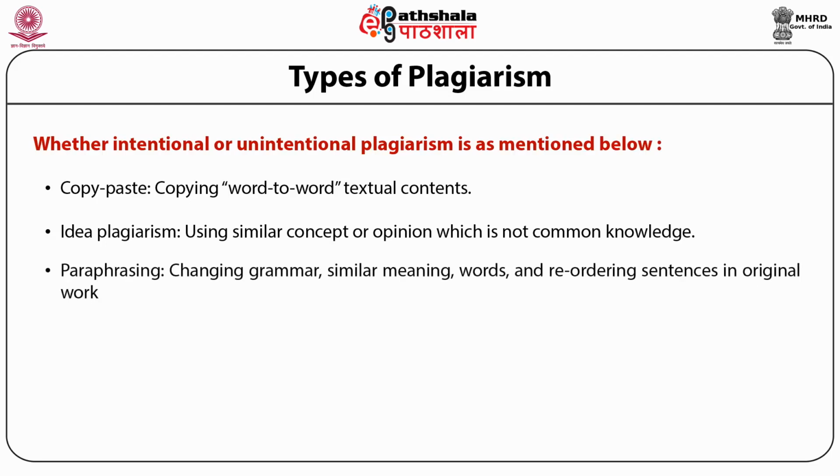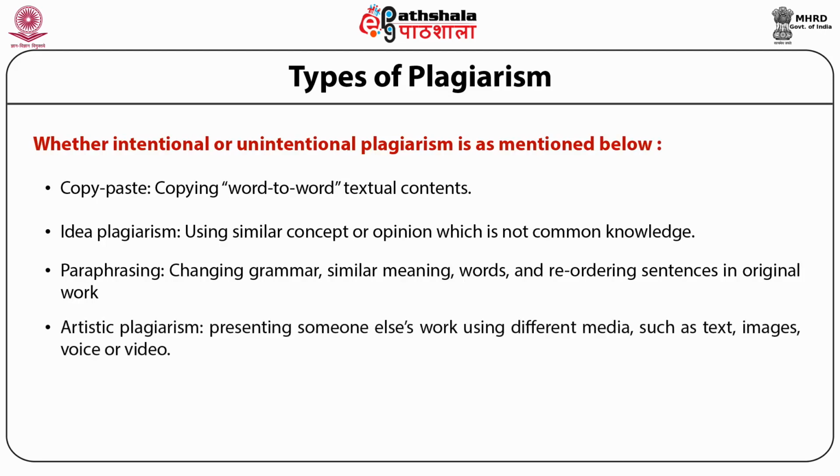Paraphrasing, that is changing grammar, similar meaning, words, and reordering sentences in original work. Then artistic plagiarism, presenting someone else's work using different media such as text, images, voice, or video.